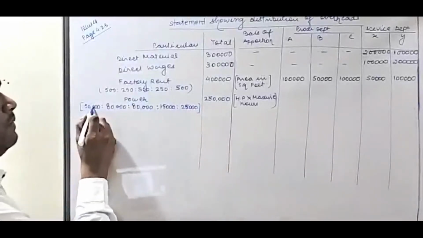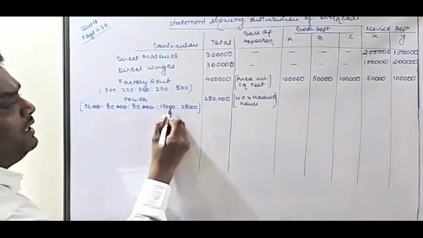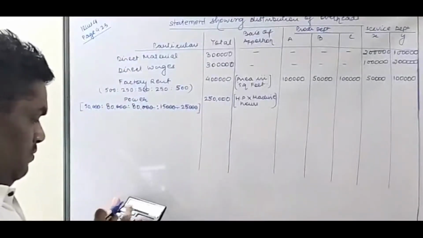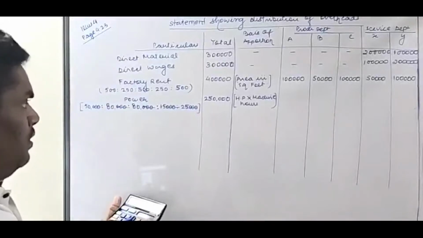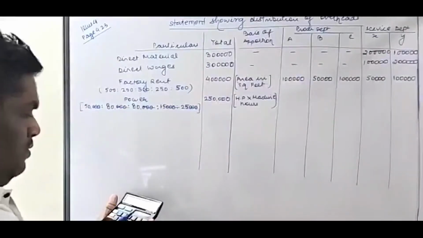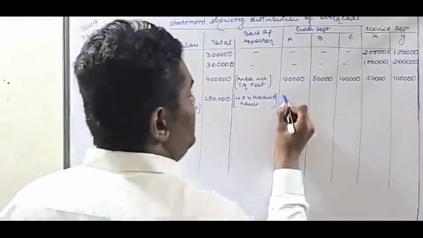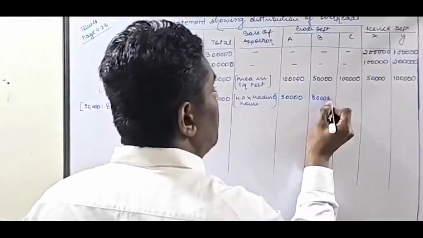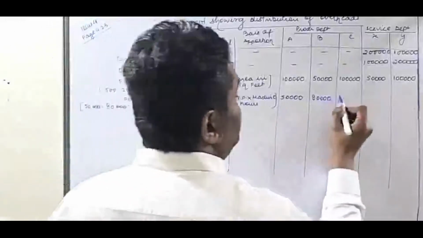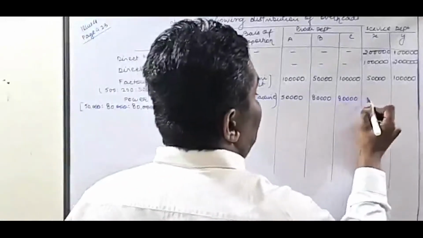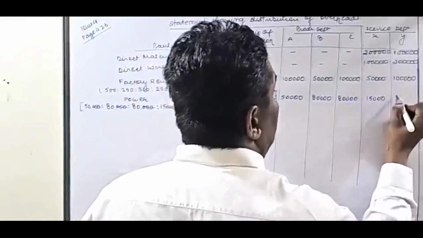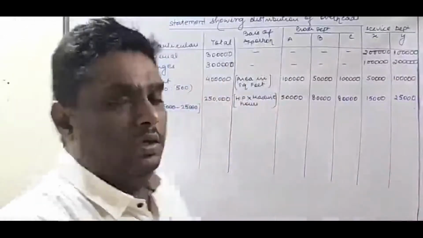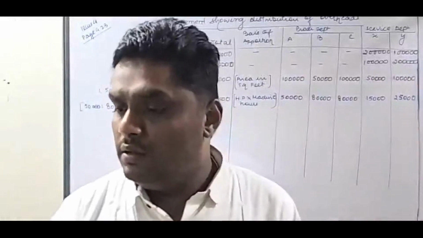So in short, 50 is to 80 is to 80 is to 15 is to 25. So this will be 50,000, 80,000, 80,000, 15,000, and 25,000. So this is all about power cost.